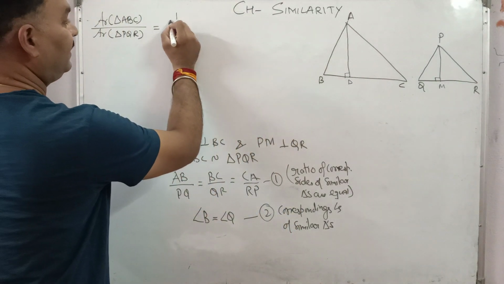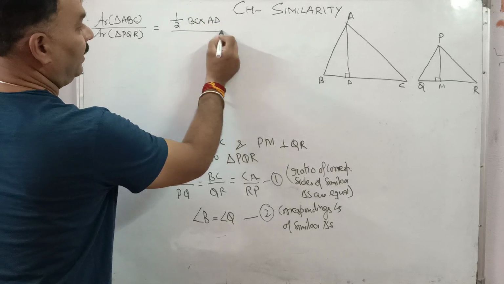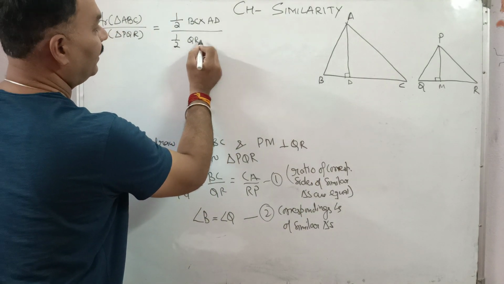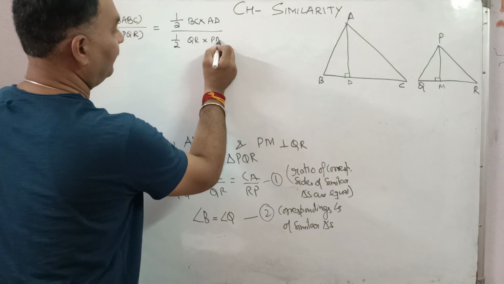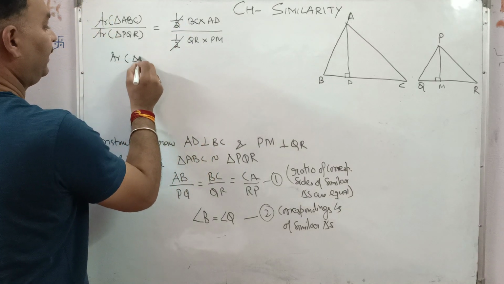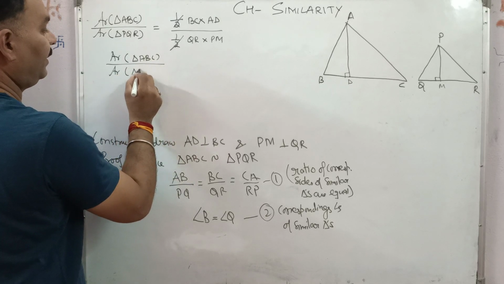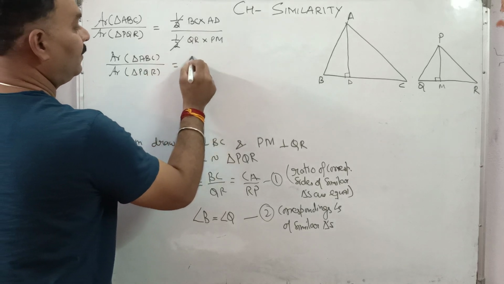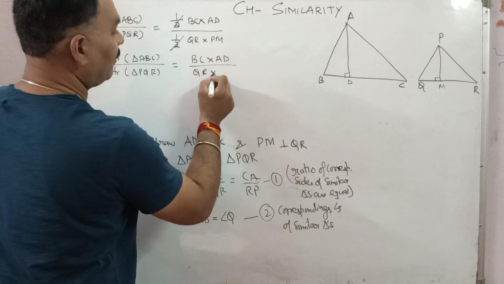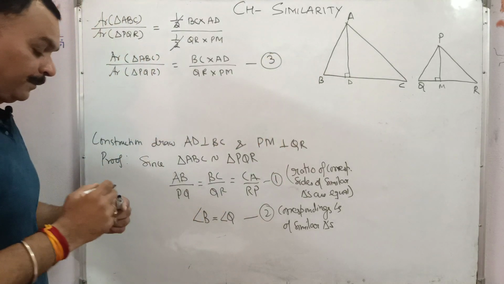So in triangle ABC, half base is BC, height is AD. In triangle PQR, half base is QR and height is PM. Half cancels out, or we can write the area of triangle ABC to the area of triangle PQR is equal to BC cross AD upon QR cross PM. Let this be third equation.